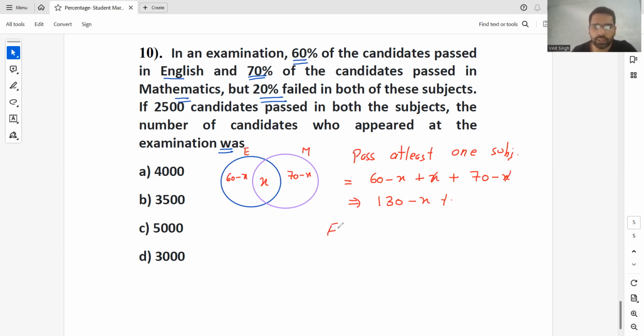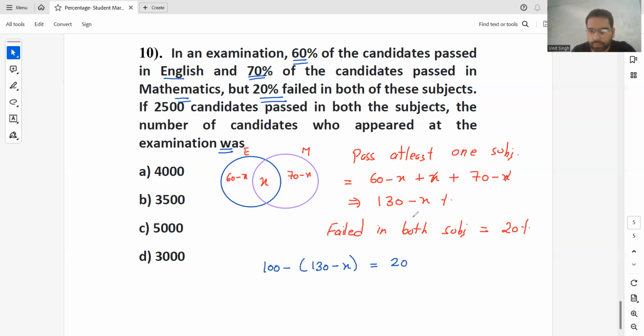So failed in both subjects is equal to 20% given. Now, so 100 minus (130 minus X), we will get 20%.